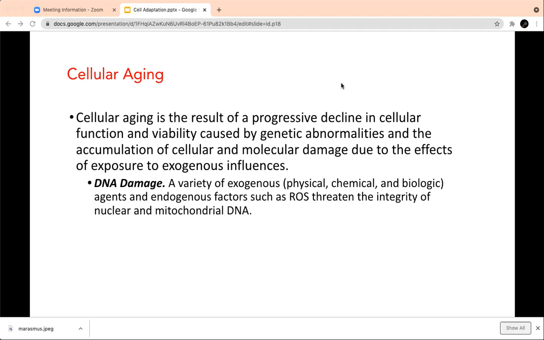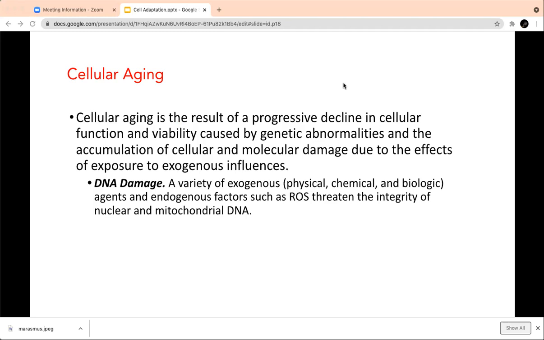'Di ba dati meron daw Fountain of Youth? Yung dati pa yung mga Egyptian, may Fountain of Youth. Diyos ko, ngayon nasaan na sila, 'di ba? Nasaan na sila, mummified na sila.